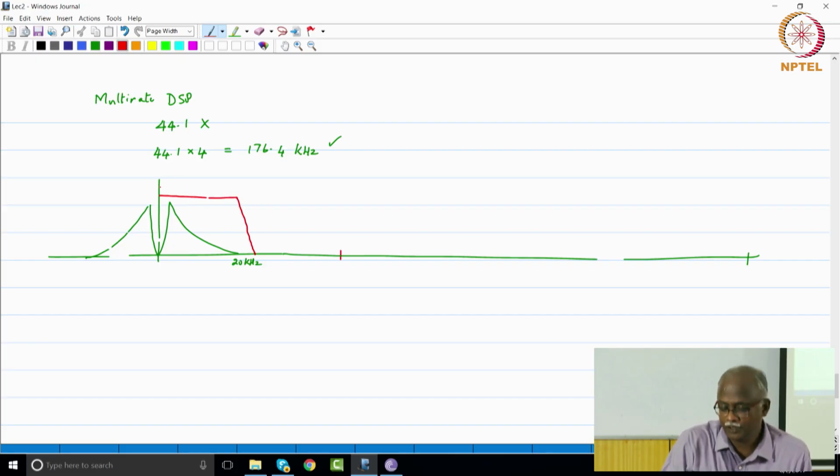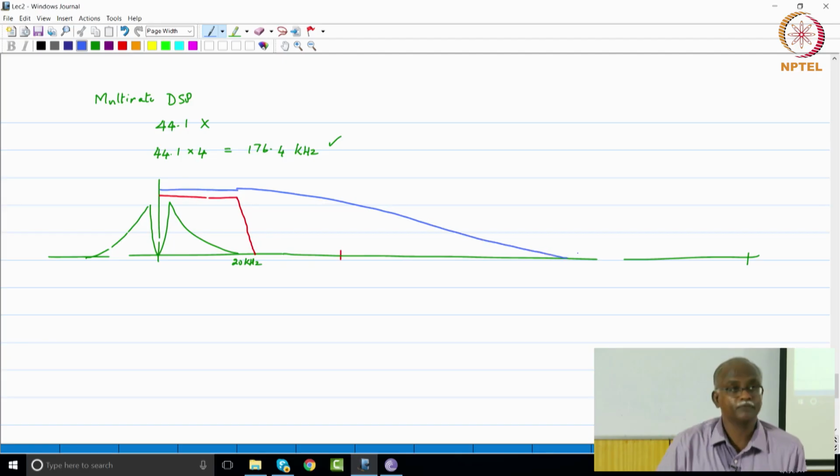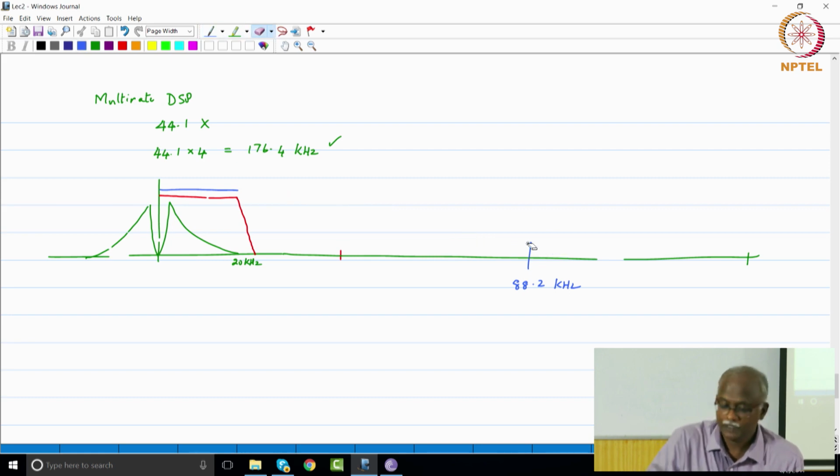You can start, let me use a different color, blue. It can be here and then eventually gradually drop off, somewhere maybe at half of 176, which would be 88.2 kilohertz.